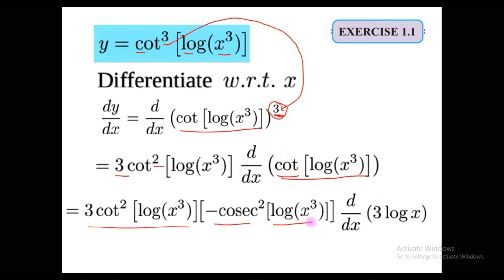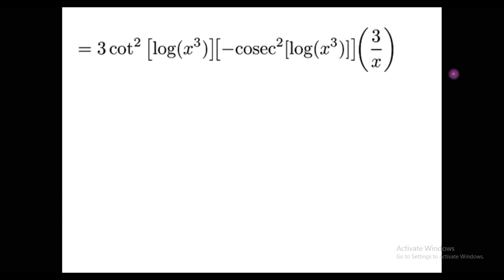What is the function inside? I am simplifying it further. It's log of x cube, and when log is used on x cube, this 3 comes along with the log, so it's 3 times log of x. I have just simplified, this is not the derivative, this is just the simplification of this term. So in the next term we should find only the derivative of 3 log x, and it would be 3 upon x.